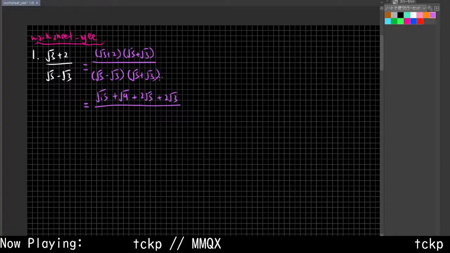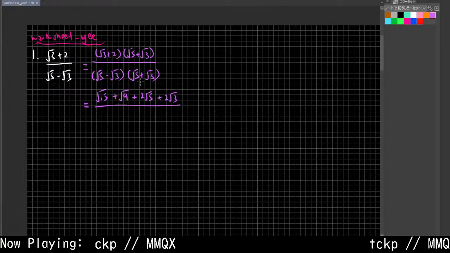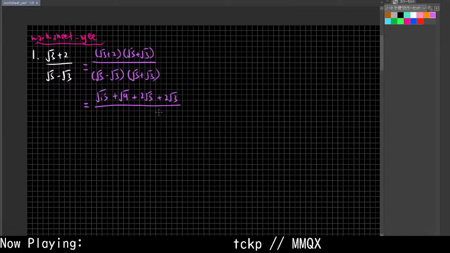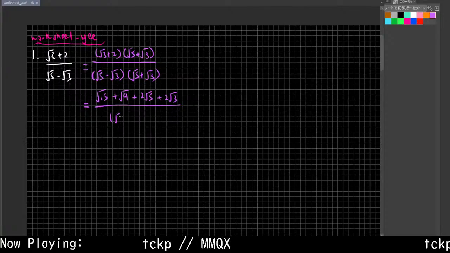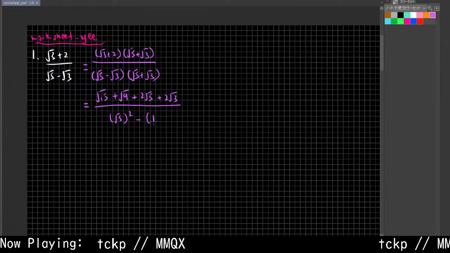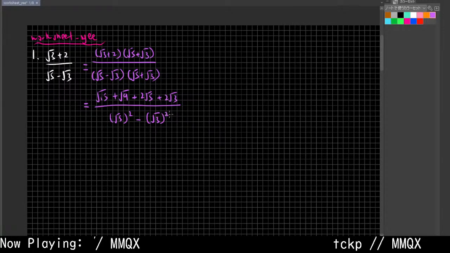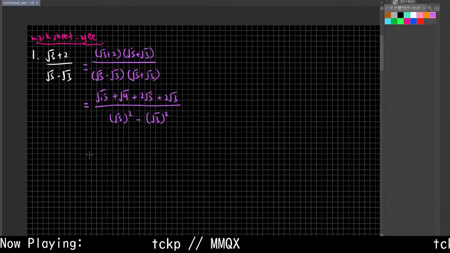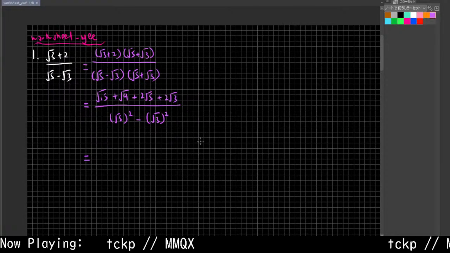The bottom is two of the same thing, one is minus, one is plus, so I will change it into square root 5 squared minus square root 3 squared. If you expand it manually, it will actually turn into this. Then after this, you should be able to get.